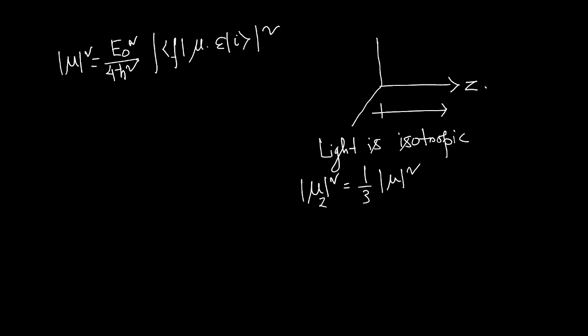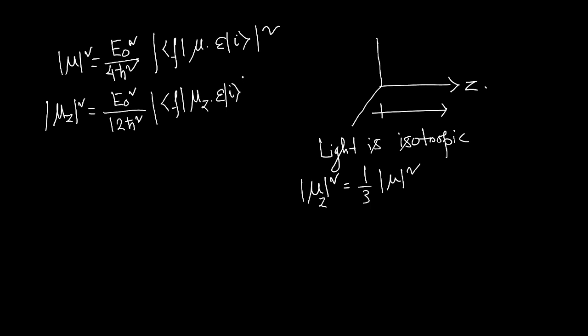So the expression of mu z will be E0 square by 12 h cut square, mu z into E f square.